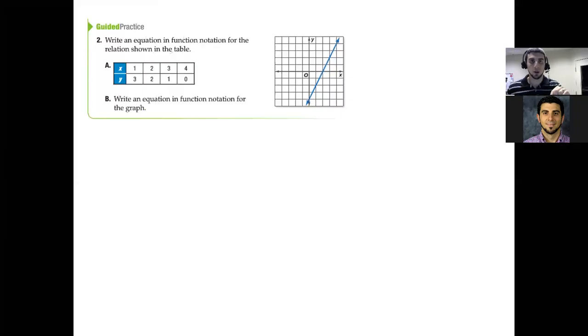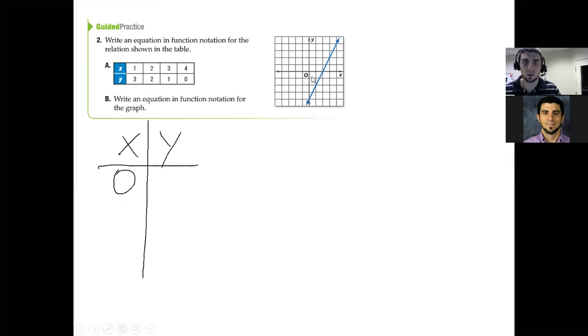All right, let's do B. B is non-proportional because even though it's a line, it doesn't pass through the origin right here. So let's make a table of values. If x is 0, y is negative 4.